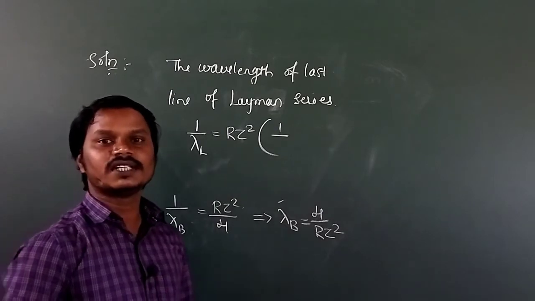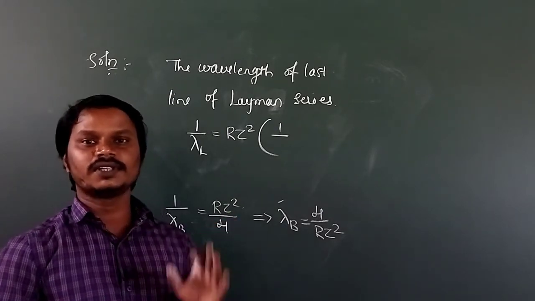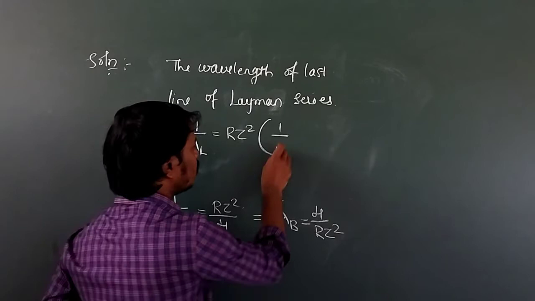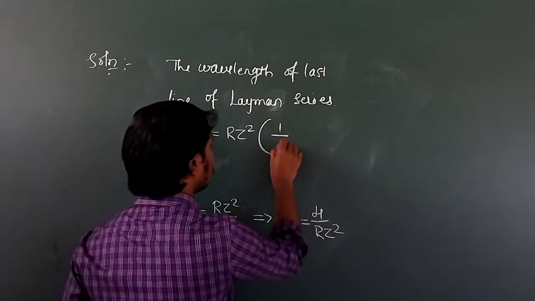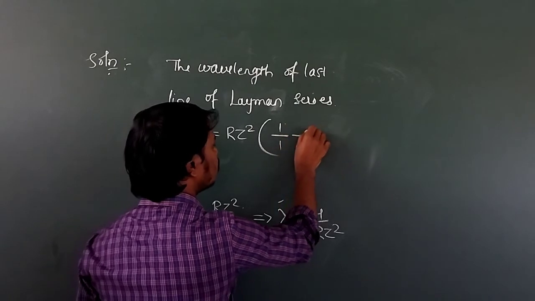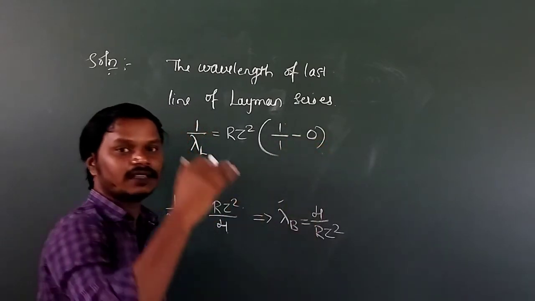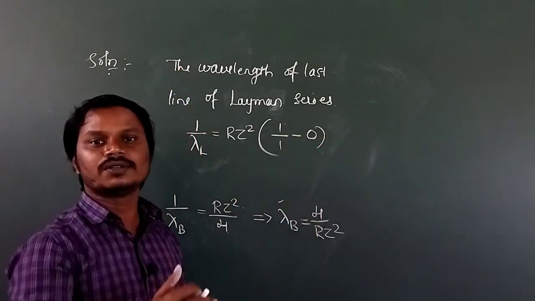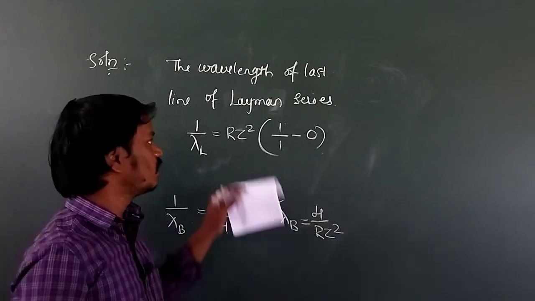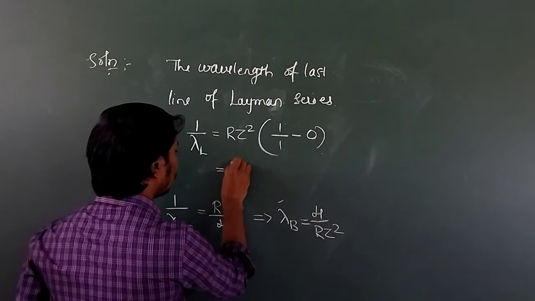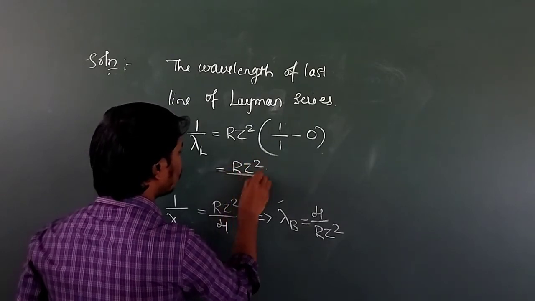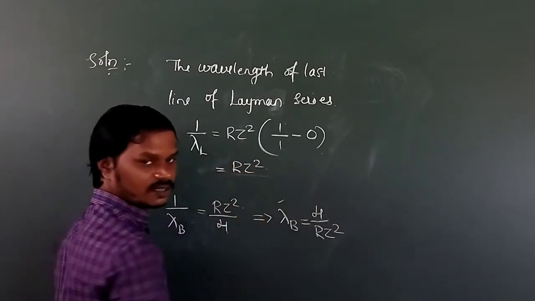Which is the ground orbit in the case of the Lyman series? The first orbit is the ground orbit. Now n1 can be taken as 1, then 1 square is again 1, then 1 by 1 minus 0, because the transition is from infinity to the ground orbit. So that gives the wavelength of the last line. Now this can be written as R Z square by 1, so simply it is R Z square.